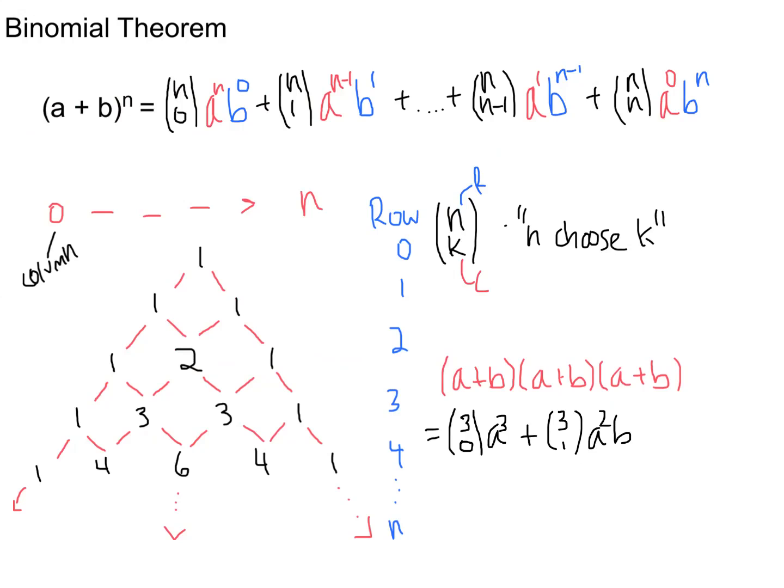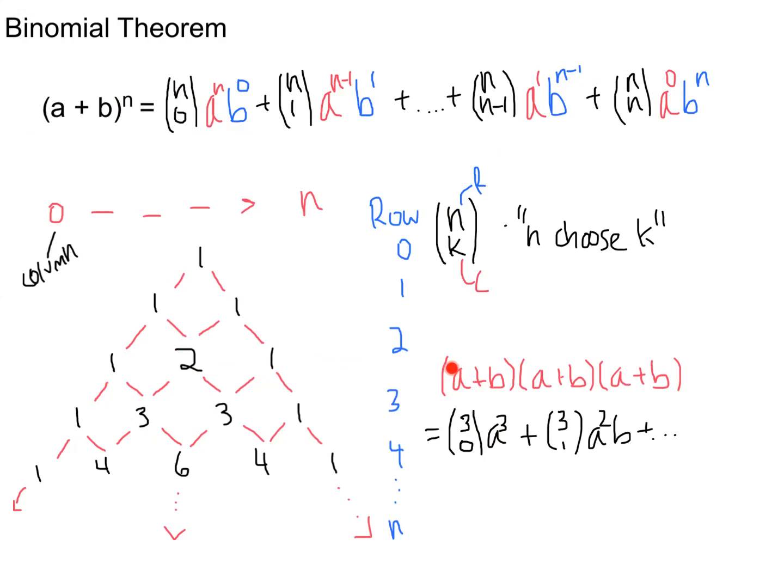Okay? And we could continue, and we might look at a few in a second, but let's think about why this 3 choose 0 makes sense. So notice that this is the first term, a cubed. How many different ways can you make a cubed by multiplying these three binomials? Well, notice there's only one way.